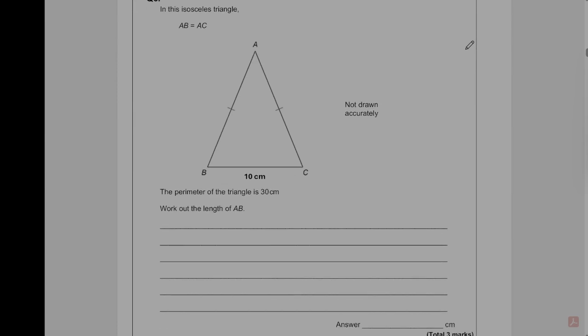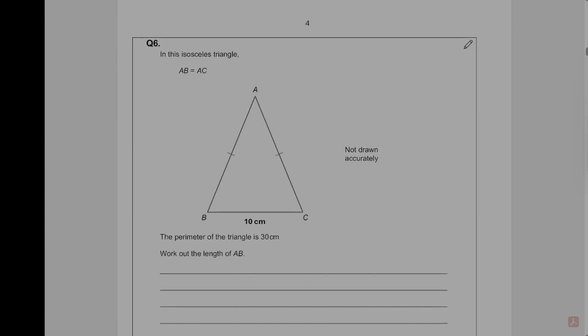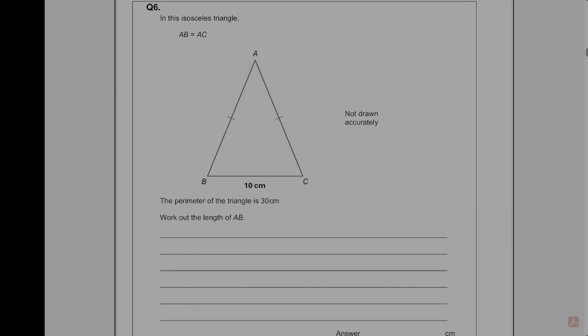Okay, question 6. In this isosceles triangle, AB is equal to AC, and the perimeter of the triangle is 30 centimeters. Work out the length of AB. So I've not picked very good numbers here. So the perimeter is going to be equal to 30 centimeters.